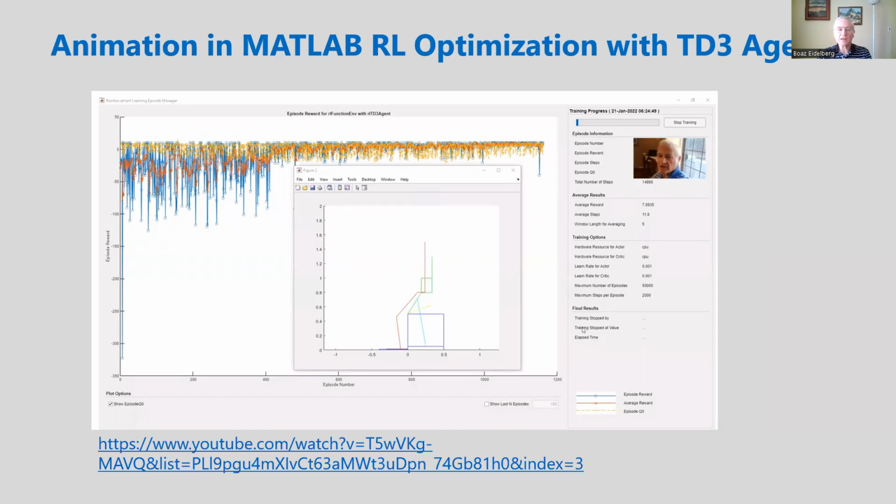This particular one is a MATLAB reinforcement optimization with an agent called TD3, and it shows the chair and the user being animated.